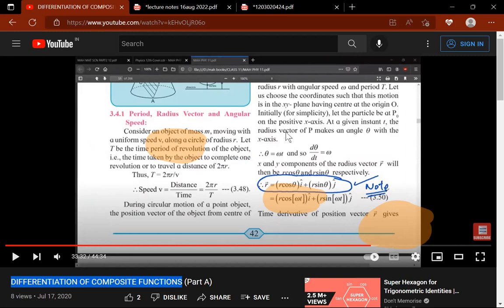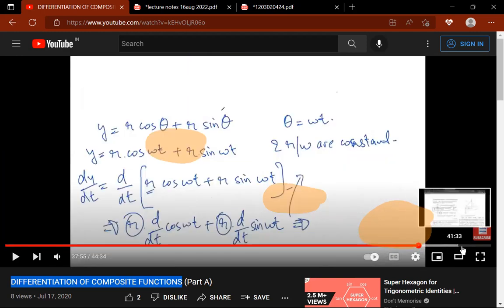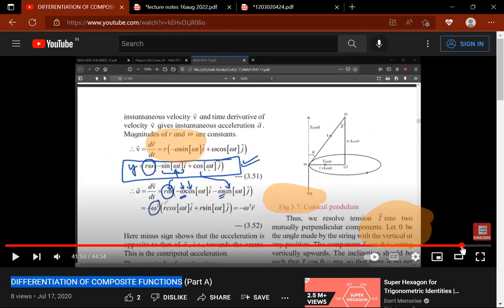Find the velocity vector and the acceleration vector. This would come in chapter number 3 only. So there again, you will require the help of composite functions. And that is why I wanted to take care of the composite functions before we start going into the details.